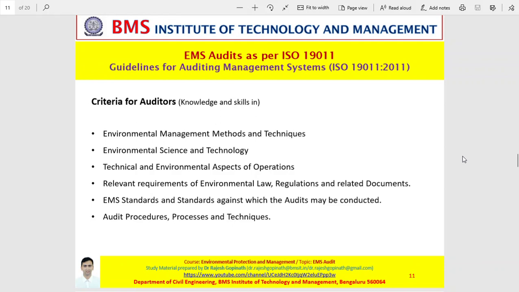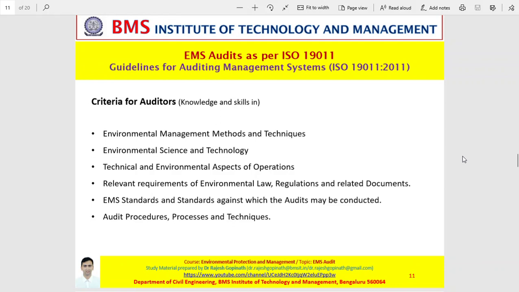Their knowledge and skills should be related and connected to the world of environmental science, environmental engineering, environmental technologies. They should be well aware of the terminologies, the management principles of environment, the applications of environmental management. They should be well aware of environmental management tools such as environmental aspect, environmental impact assessment, environmental performance evaluation.